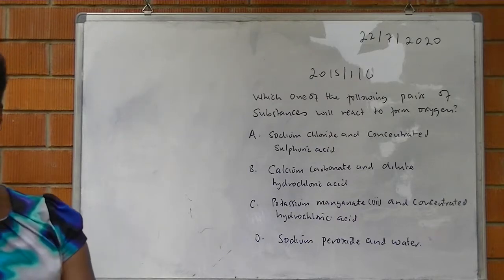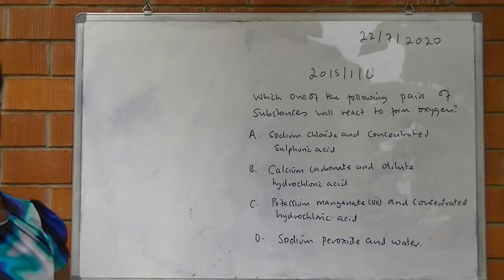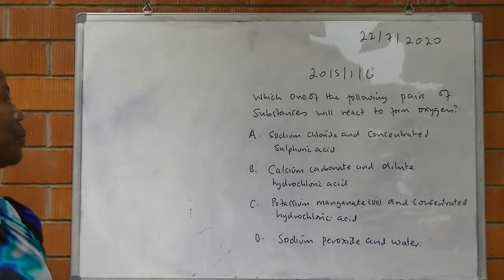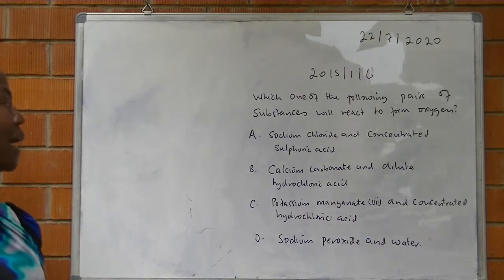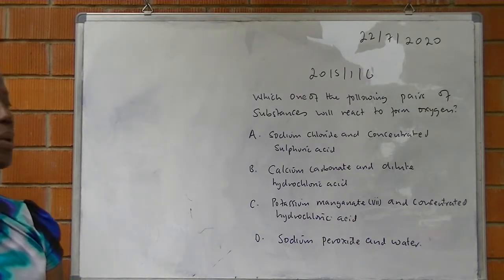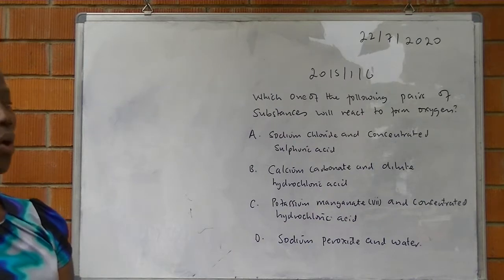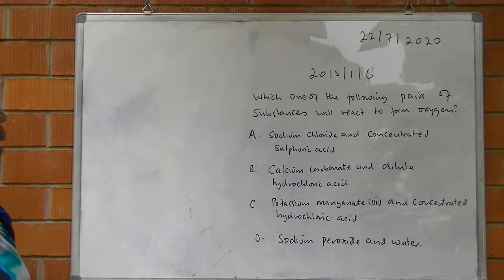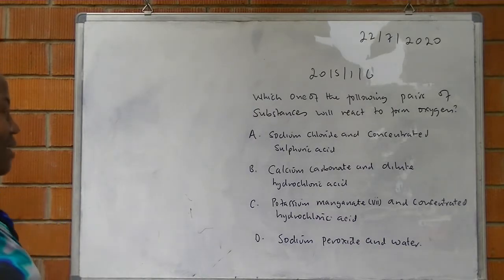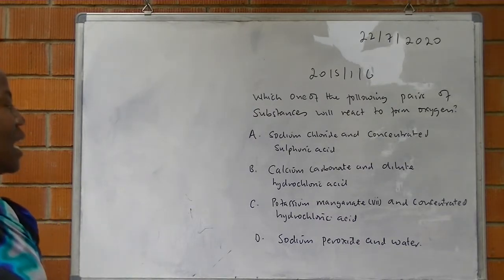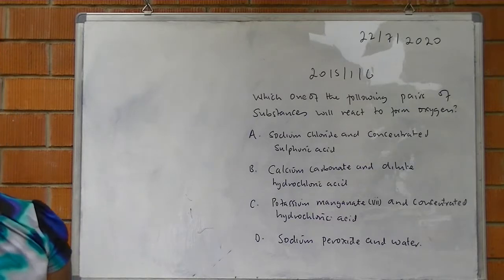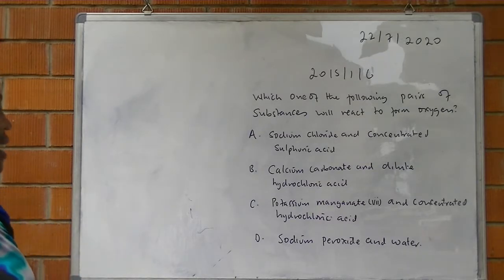Another example is from 2015, number 6, paper 1. Which one of the following pairs of substances will react to form oxygen? A, sodium chloride and concentrated sulfuric acid. B, calcium carbonate and dilute hydrochloric acid.